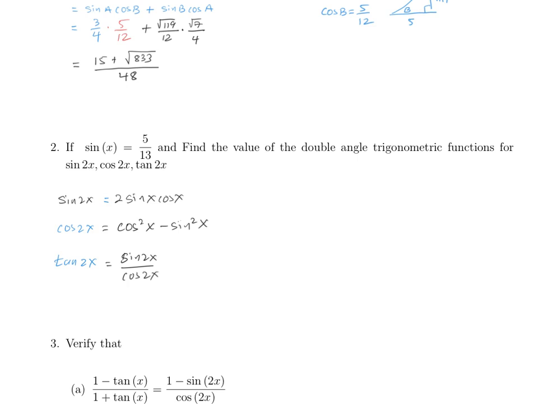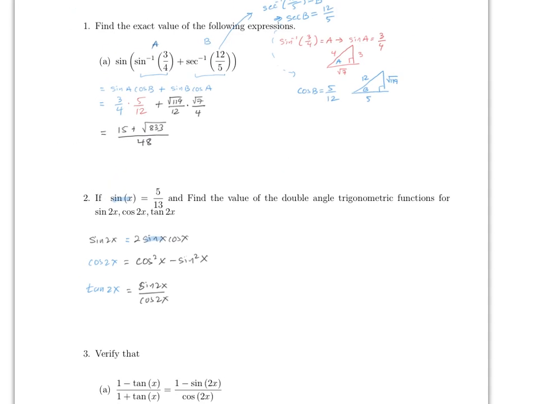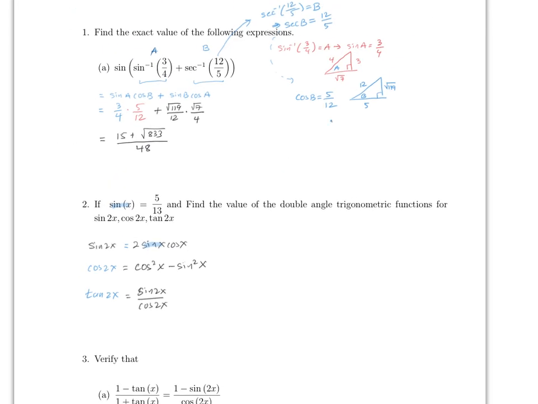Now notice that we do know that sine is equal to 5/13, but we don't have cosine. So for that, we're going to do something very similar to what we did here. You need a triangle to get out the information.